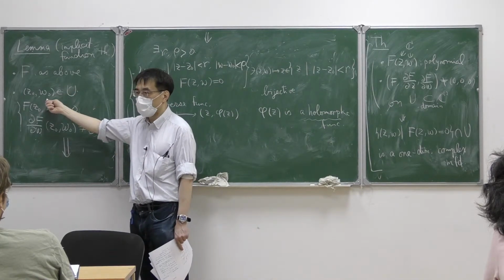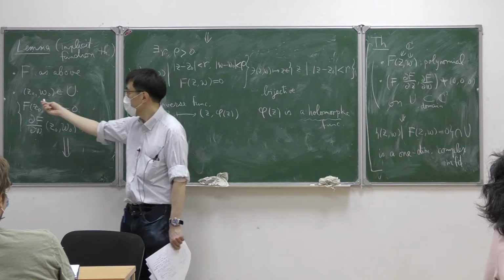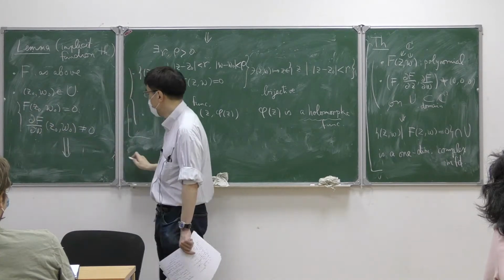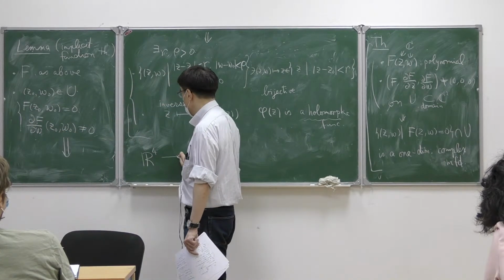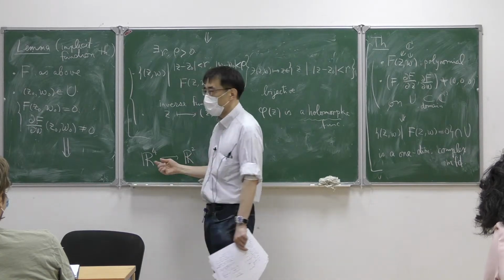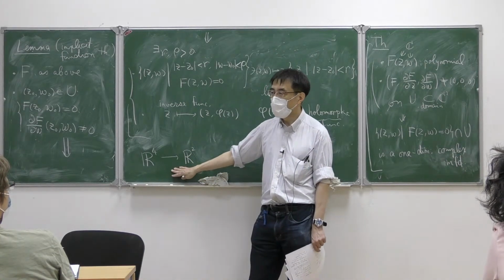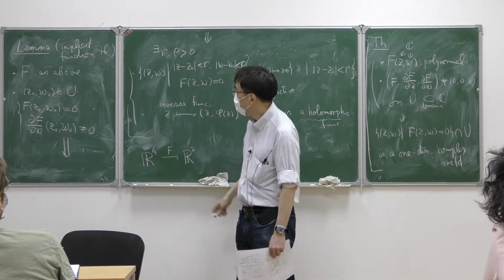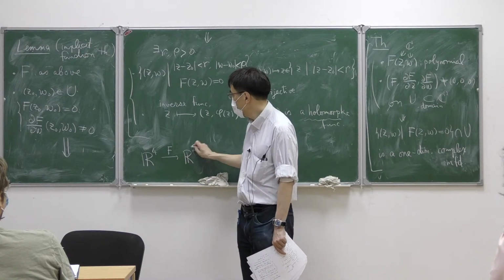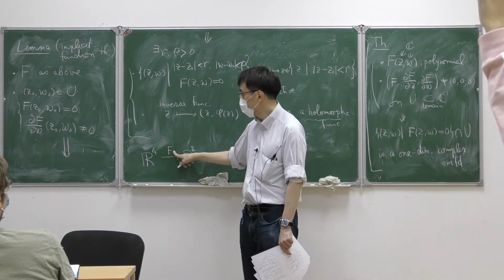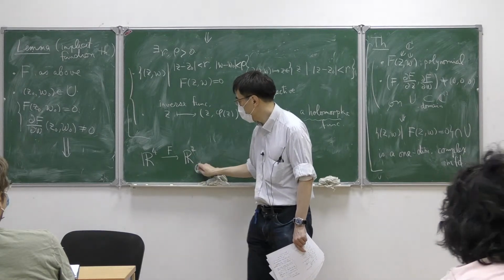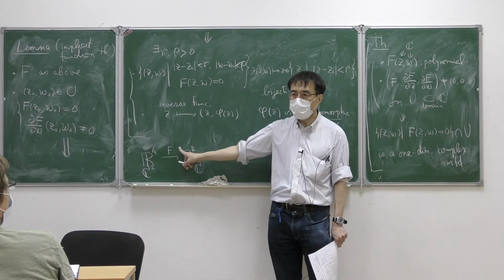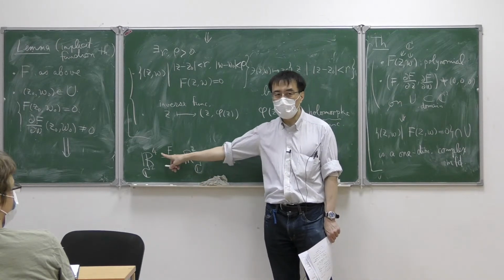Since F is a complex number, and z and w are complex numbers, in the real world F is a mapping from R4 to R2. Why R2? The value of F is a complex number, so it's two-dimensional.